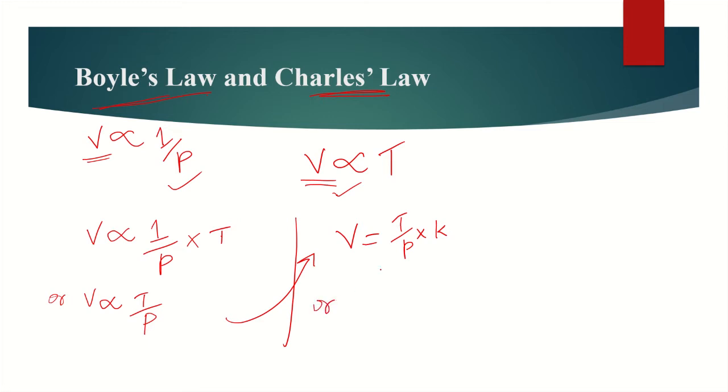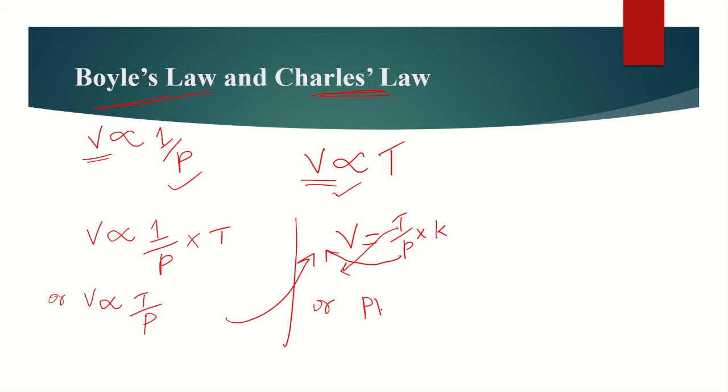Again, let us rearrange the equation by sending the P and also the T to the other side. So P here is in the denominator, so when it changes its side, it will go to the numerator. And T here is in the numerator, so when it changes side, it goes to the denominator.